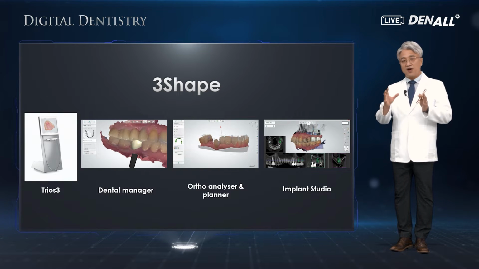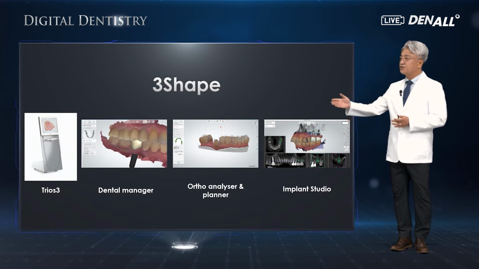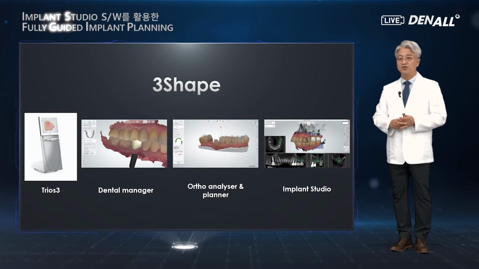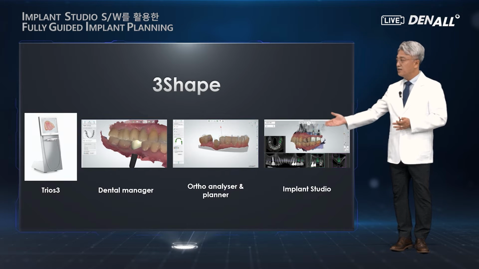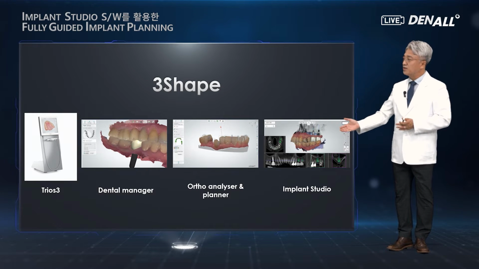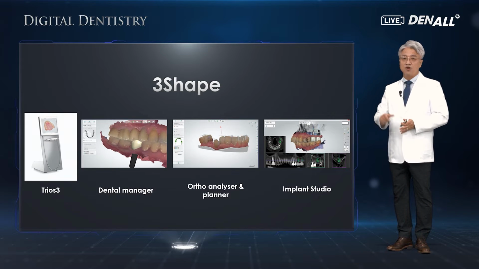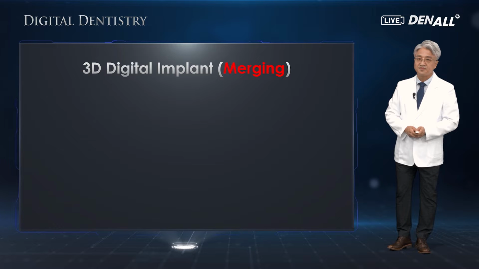Setting up orthodontic appliances like brackets, transparent appliances, indirect bonding, or models can be analyzed by the ortho software, which is Ortho Analyzer and Planner. And implant simulation can be done with the Implant Studio, as you can see here. That's a very wonderful software. The full lineup software, the full digital dentistry leading company is 3Shape.